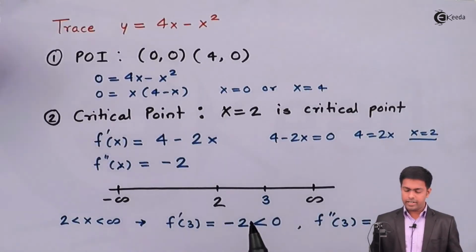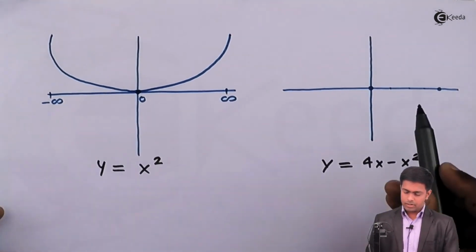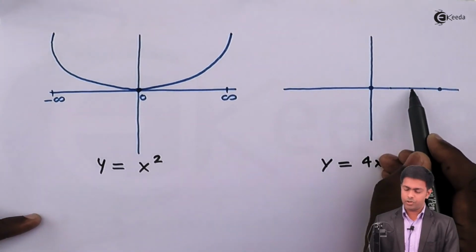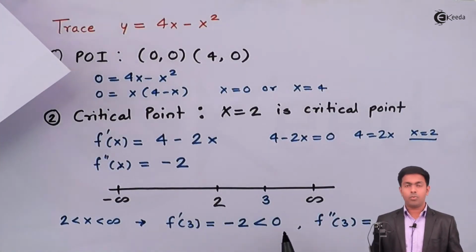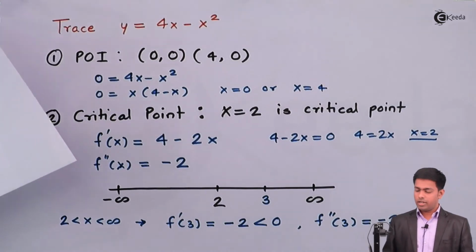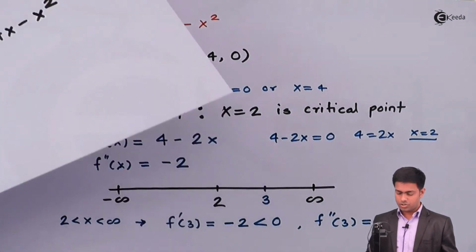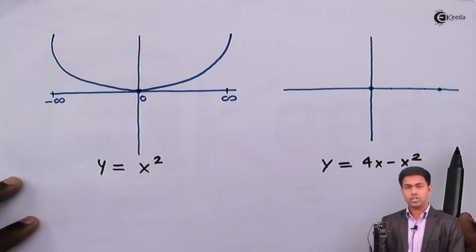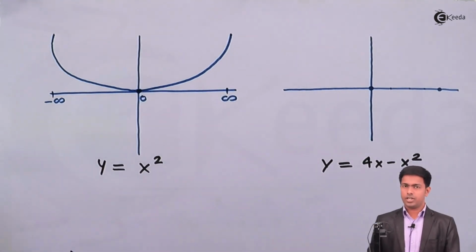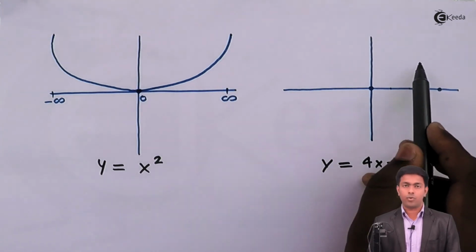Now we are finding the nature of the curve between 2 to infinity. So this is the point x equal to 2 till infinity. Now here both values are less than 0. It means the curve is decreasing and concave downwards. So it will have a behavior like this. So it will be concave downwards. Now the question is where my curve will intersect. See, my curve is intersecting at 4, 0.